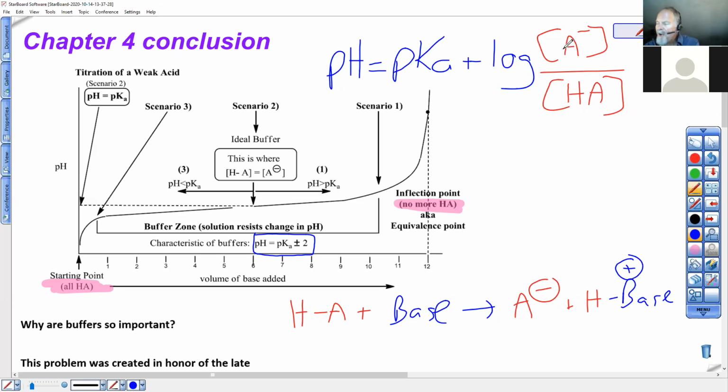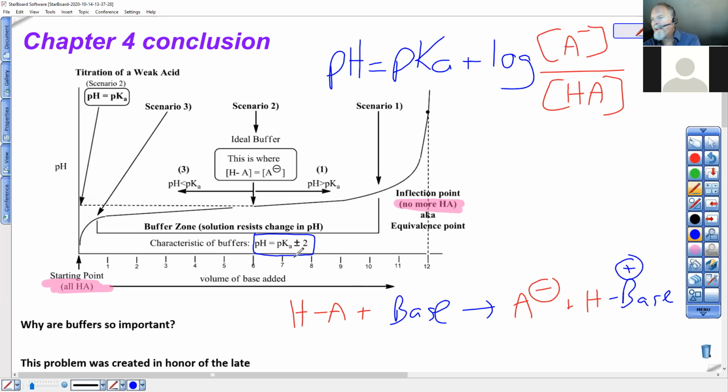Then you have the log of 1 over 100, which is negative 2. So if you have more than a 100 to 1 ratio of either species over the other, you have not enough of the 1 and too much of the 100 or more. So that's your allowed buffer range.